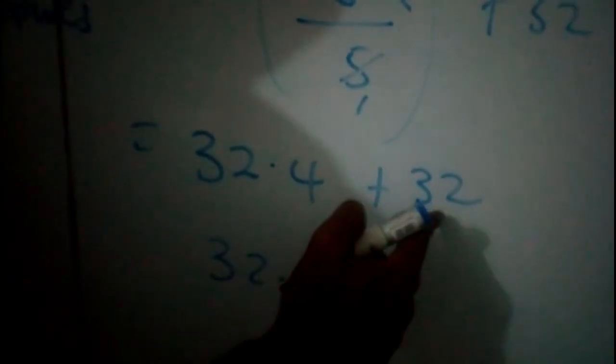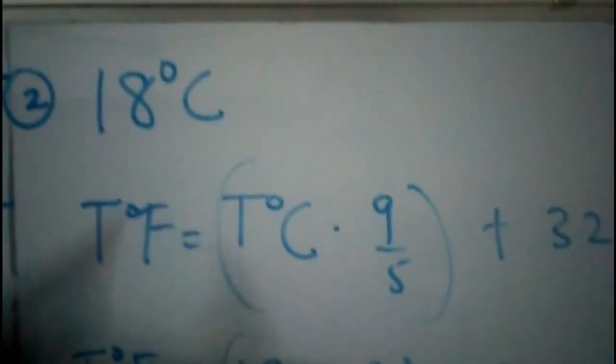You know 32 as a decimal is same thing as 32.0. So add together, that gives you 64.4 degree Fahrenheit. So 18 degrees Celsius in Fahrenheit gives you 64.4 degree Fahrenheit.